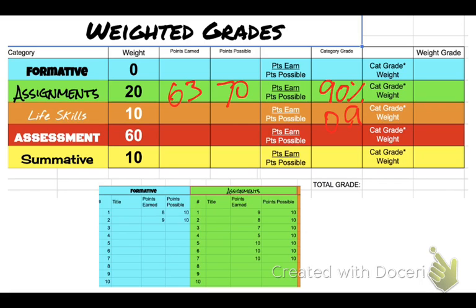What's the category weight? How'd you know that? It's right there. So 0.9 times 20 gets us... I'm waiting.